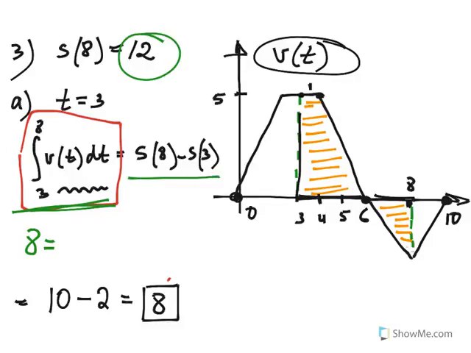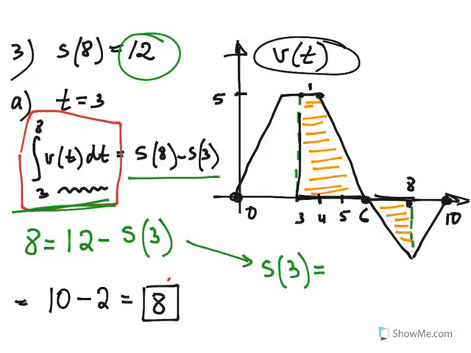And S of 8 is up here, it's given, 12. Minus S of 3, we don't know what it is. Now, to find S of 3, we're going to do 12 minus 8, which is 4.